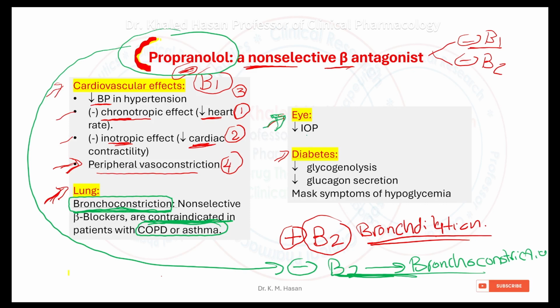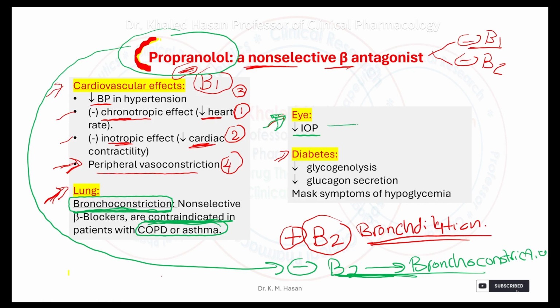They found propranolol decreases intraocular pressure, and this will benefit patients with glaucoma. However, we don't use propranolol to treat glaucoma, because propranolol is prescribed orally and, as you are going to see, has systemic effects on the blood pressure, on the heart, on the lung, on the eye.